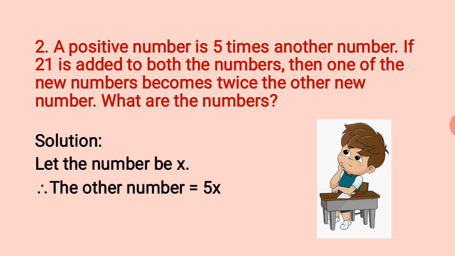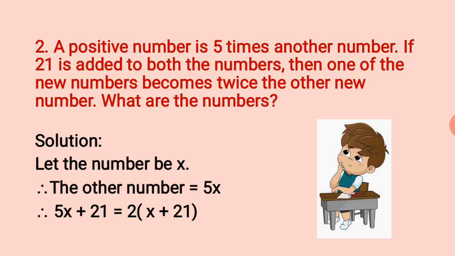So now you have 2 numbers, x and 5x. Now we are going to add 21 to both the numbers. So we'll have it as x plus 21, 5x plus 21. And we are told that one of those new numbers will become twice, that is 2 times the other number.